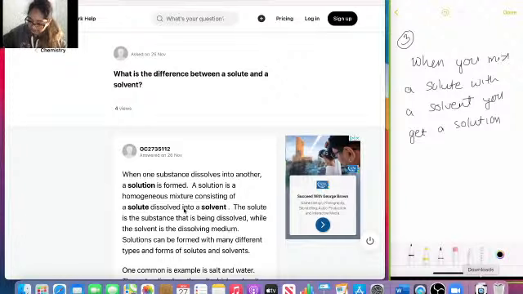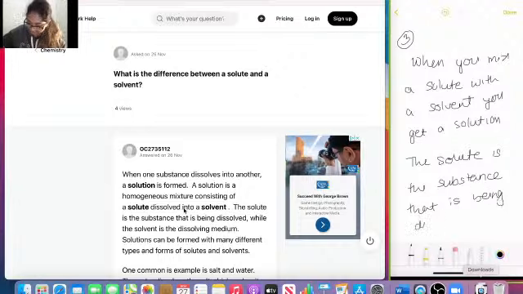So the solute is the substance that is being dissolved in the solvent.